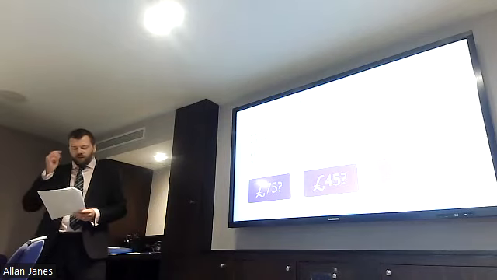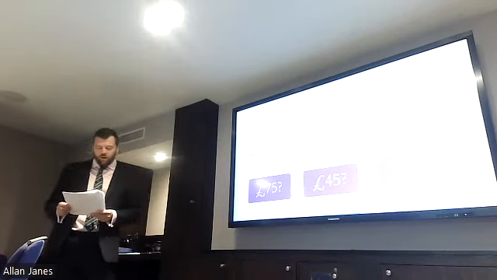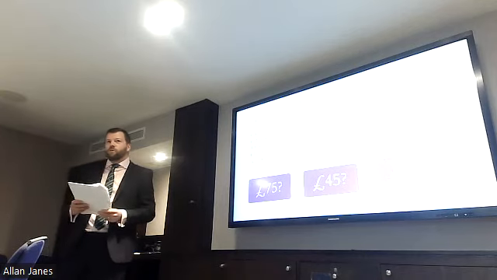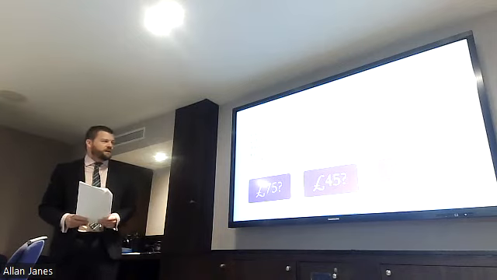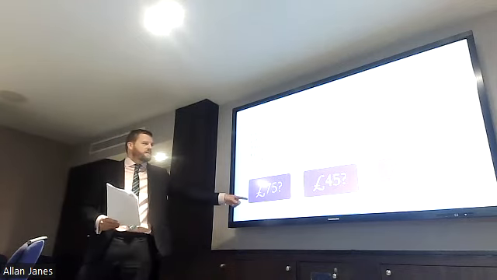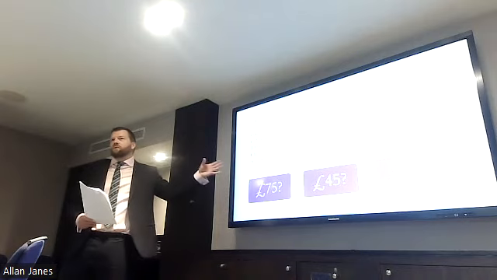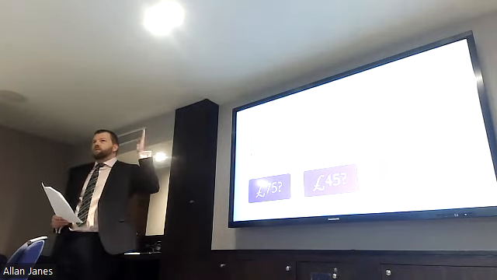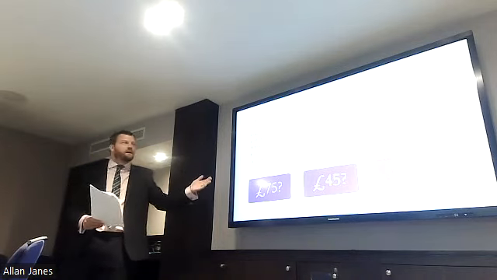Now, the reason I've used these figures will become clear in a moment, but the common law answer, so for years, how the courts have dealt with it, is that the answer is this: regardless of whether the landlord does the works or not, it's the cost of the repairs, because for breach of contract, it's the cost to put the landlord back in the position had the tenant performed the contract, i.e. done the repairs.